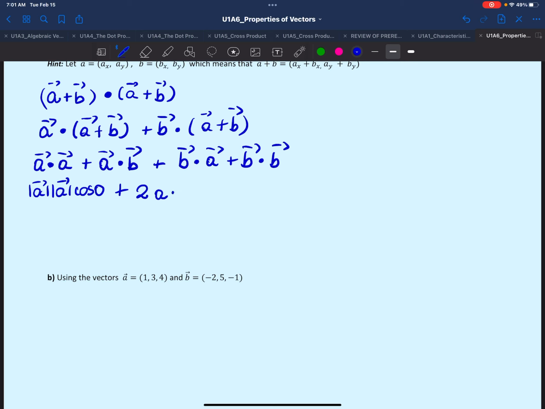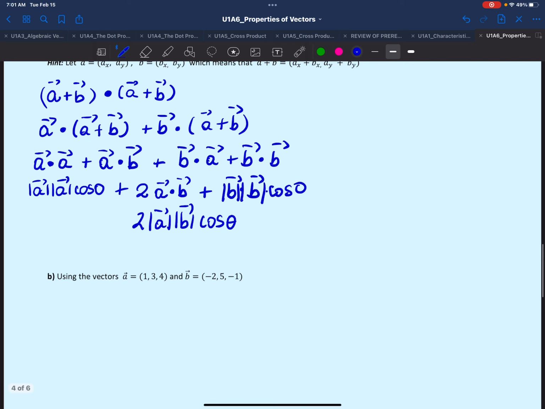So we're going to say that A dot B on its own would be equal to, let me put it this way, 2 magnitude of A, magnitude of B, cosine of the angle between A and B. On the other hand, A times A cos 0 would be magnitude of A squared.